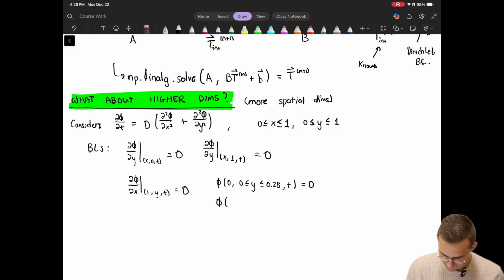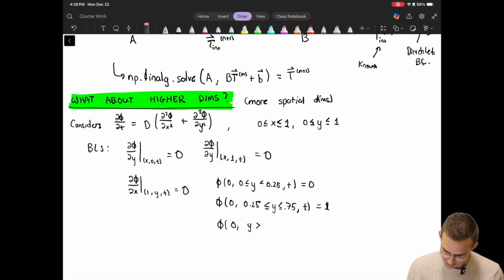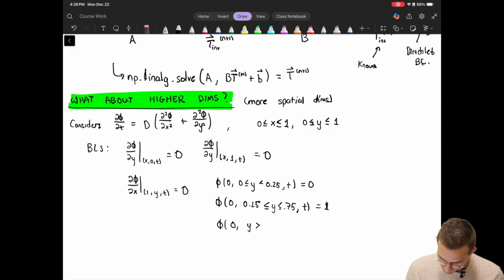And then we have phi at 0, and then we'll say y between 0.25 and 0.75, in that region for all time is going to be pinned at 1. And then phi at 0 for y greater than 0.75, I should make one of these non-inclusive here, that's why we have a bit of a contradiction. For y greater than 0.75, we're going to have phi equal to 0 again.